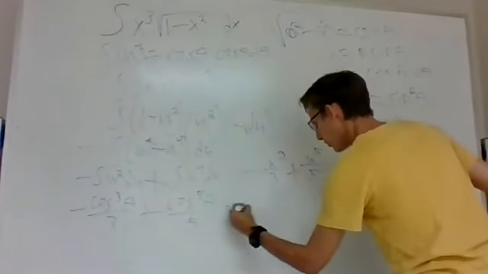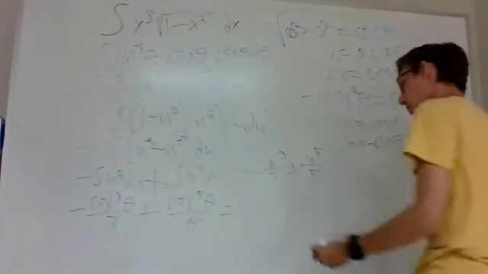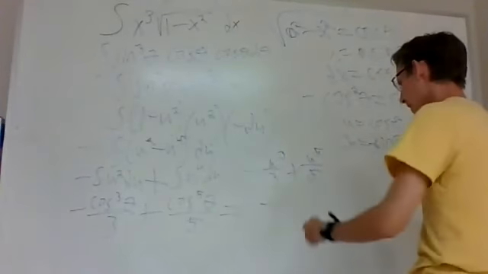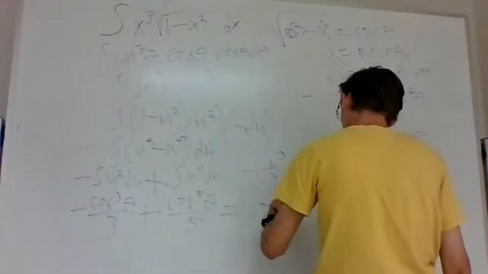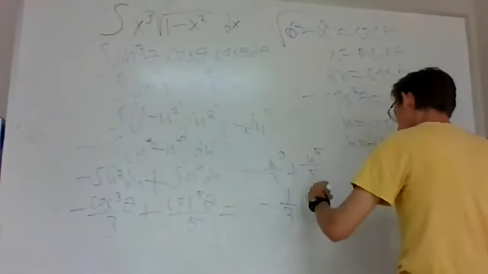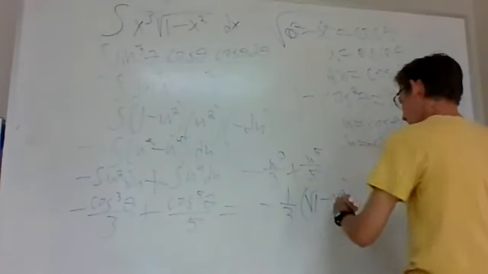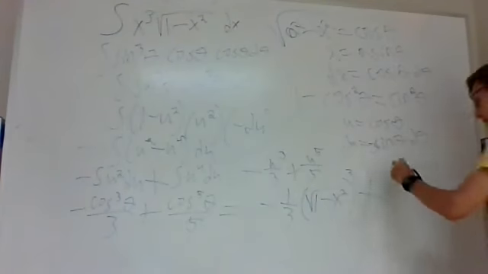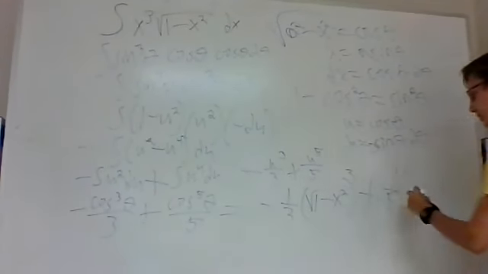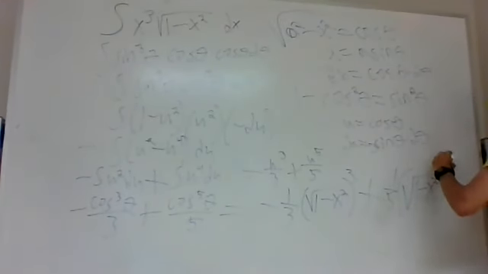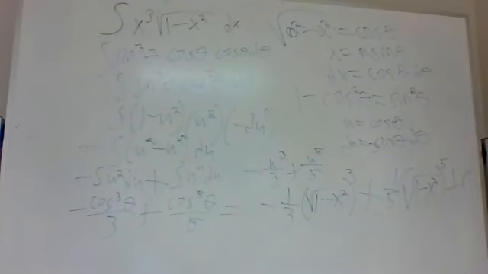So this will end up with a final answer of negative 1 third times the root of 1 minus x squared to the third plus 1/5 times the root of 1 minus x squared to the 5th plus C for the constant of integration. And that is how you solve for this integral.